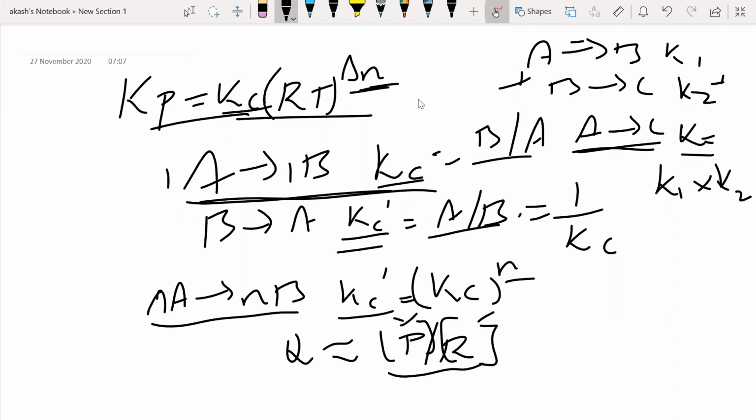This concentration can be at any point of time, right? But for Kc, it is fixed. It is fixed at equilibrium. At the end of the reaction, whatever concentrations you see, those concentrations only you have to substitute for Kc. But for Qc or Qp, it doesn't matter. You can substitute anytime.